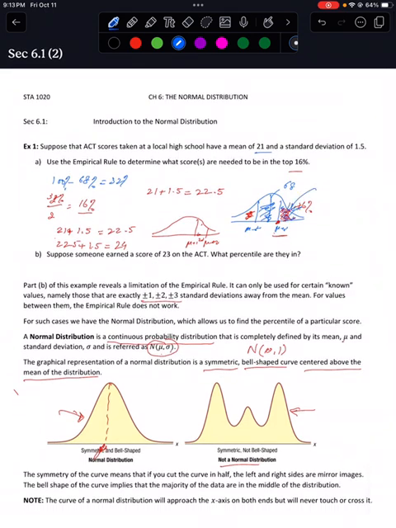When we are representing the area in terms of percentage, that is basically telling us about the top 16 percentile.